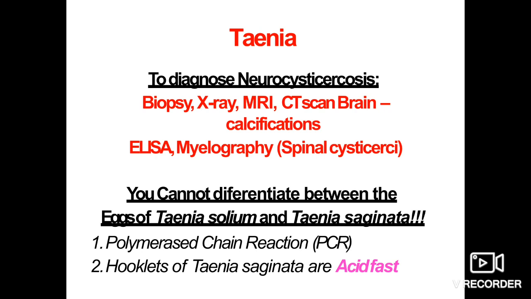So in the PCR, this method can provide a species-specific diagnosis when proglottid material is taken from the stool. This method requires specific facilities, equipment, and trained staff to run the test.